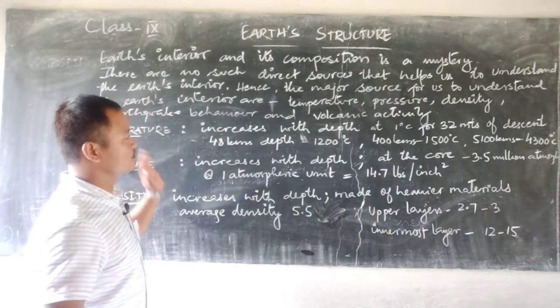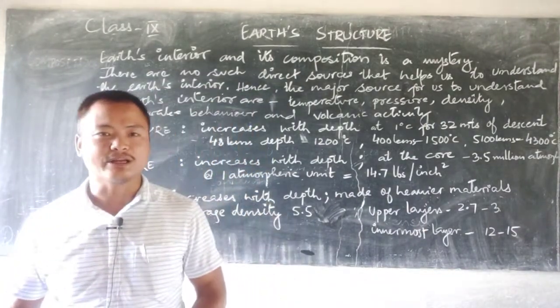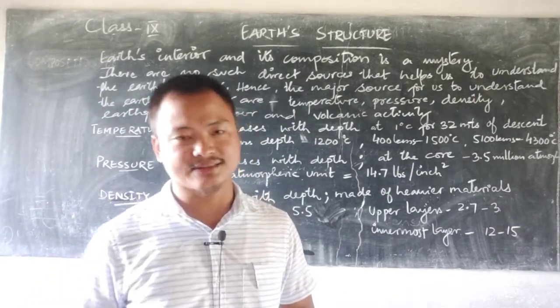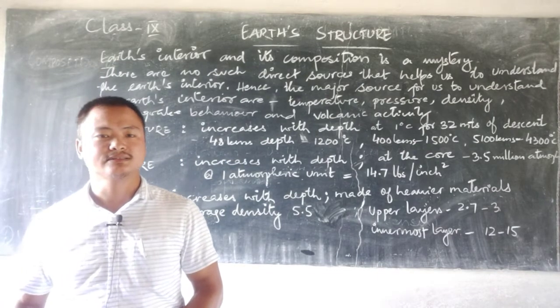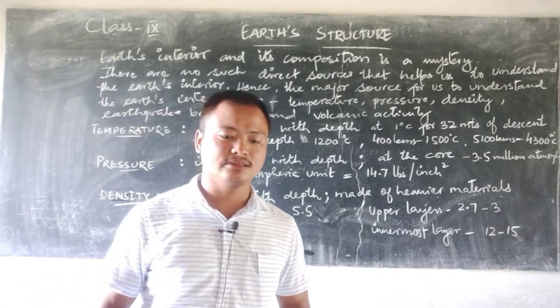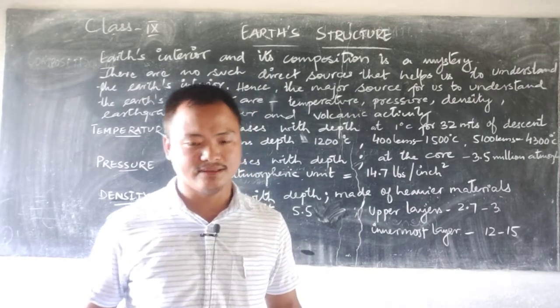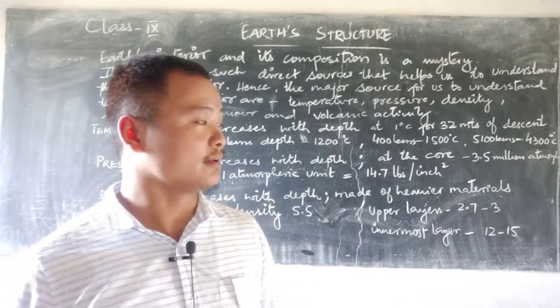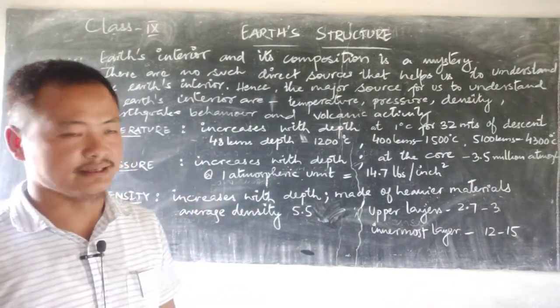So the indirect sources are temperature, pressure, density, the earthquake behavior and volcanic activities. Through these indirect sources, one can make out the conditions of the Earth's interior that we are about to learn or study.